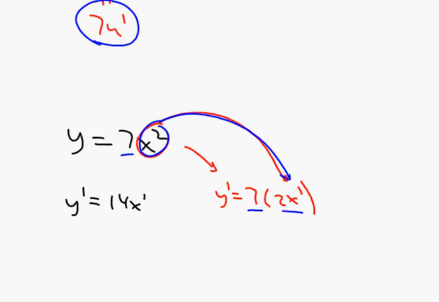And then I can multiply them afterwards. And you'll notice I'll get 14x to the first, which is the same thing I know from my normal power rule. So this just shows me that if y equals some function u, or let's say 5 times u, then y prime is just 5 times u prime. The coefficient just carries down and gets multiplied by the derivative.